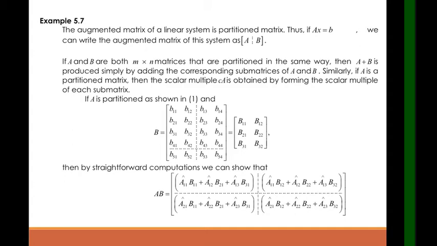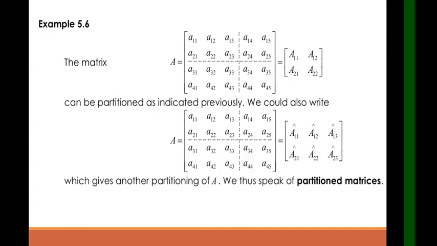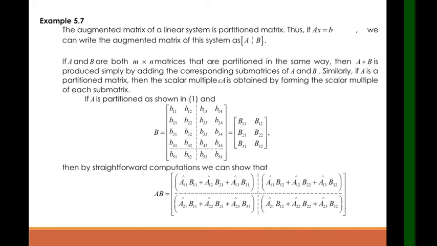If A is partitioned as shown in number 1, and B is the same as this, from B sub 11 to B sub 54, that is equal to B sub 11, B sub 12, B sub 21, B sub 22, B sub 31, and B sub 32, then by straightforward computations, we can show that A times B, where's that A? This one, and then this B, we can have this one.